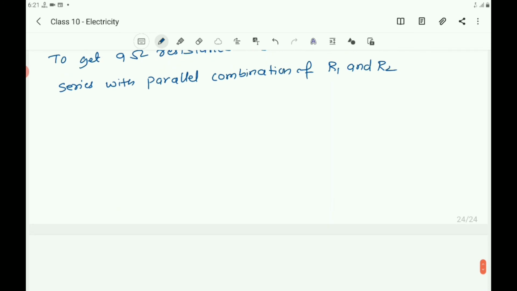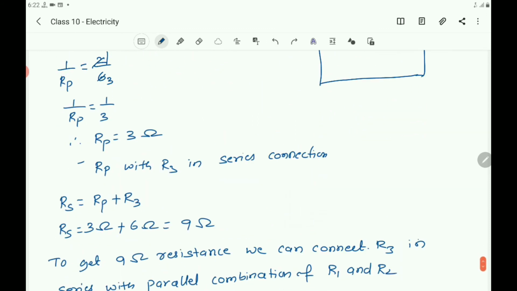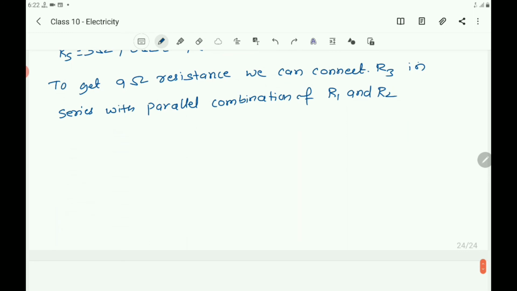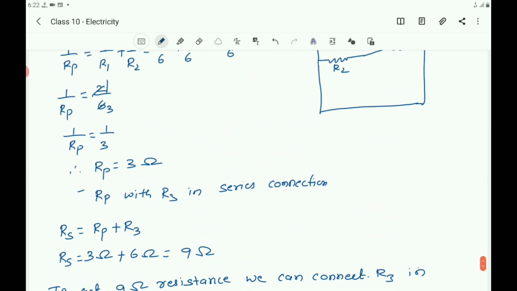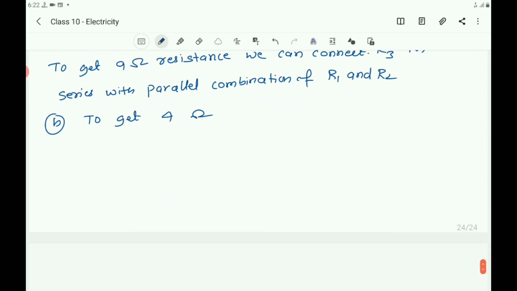Next one is B, to get 4 ohm. Here what can you do for this? Earlier 2 were in parallel and 1 in series. Now let us try 2 in series with the other in parallel.